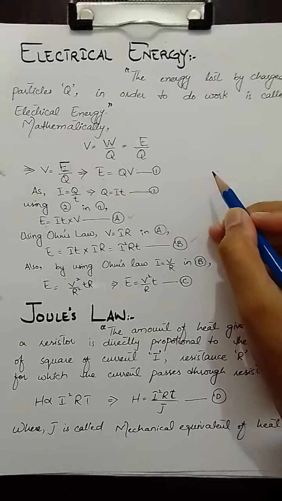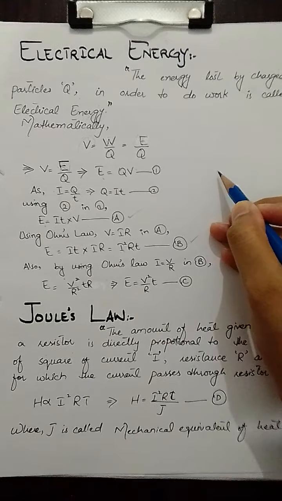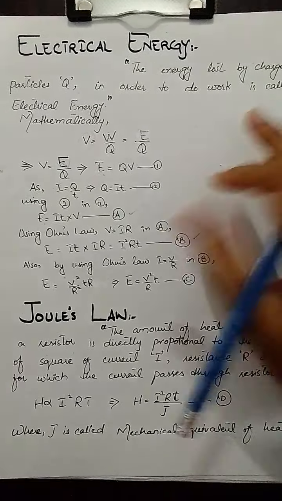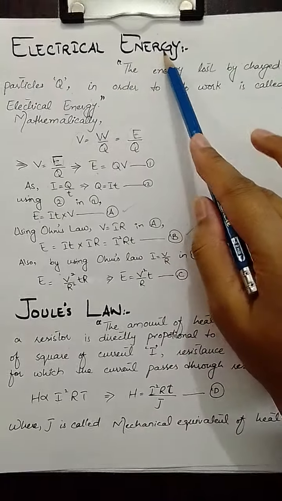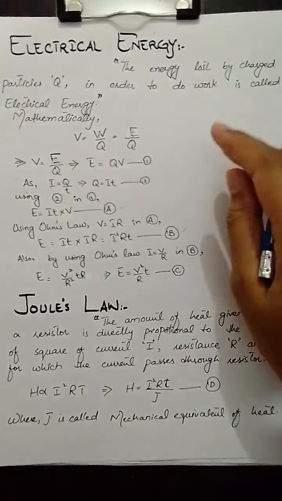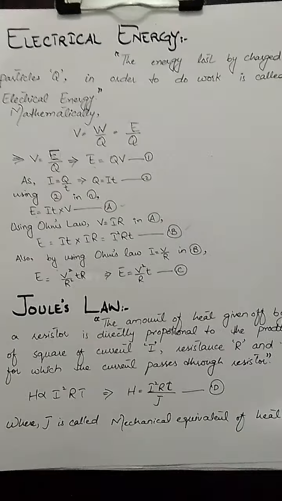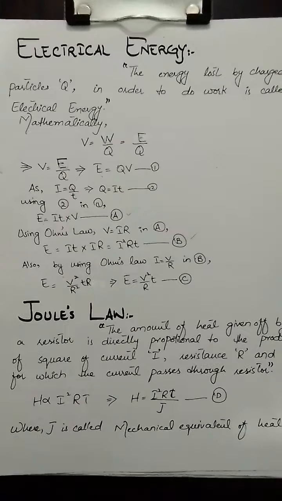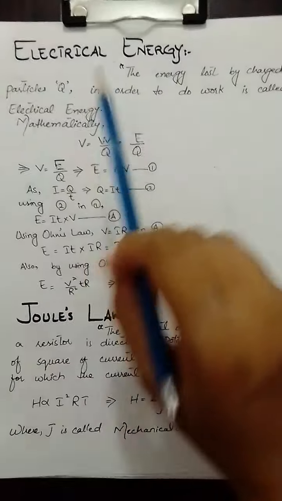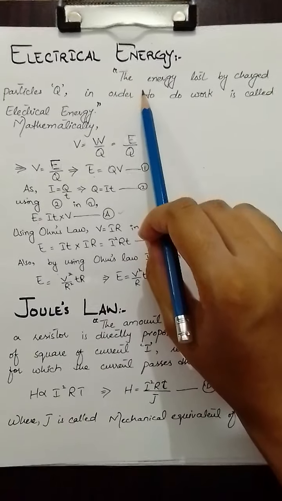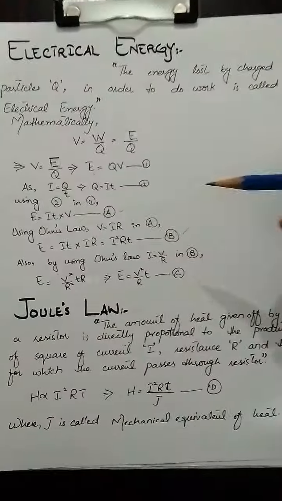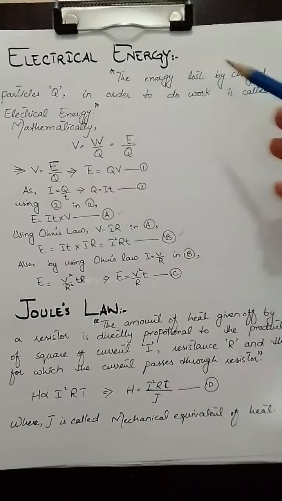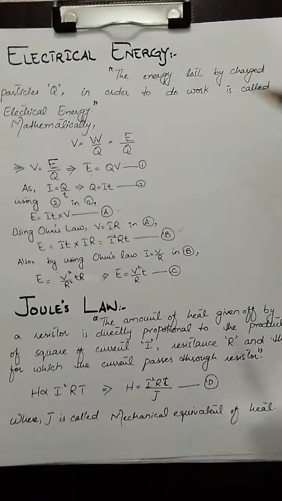So these are two different terms. Electric potential energy is just similar to the gravitational potential energy, right? But electrical energy is the energy lost by a particle in order to do work, right? So these are two different terms, and you have to just keep it in your mind that you cannot mix up the definitions of electric energy and electric potential energy, right?